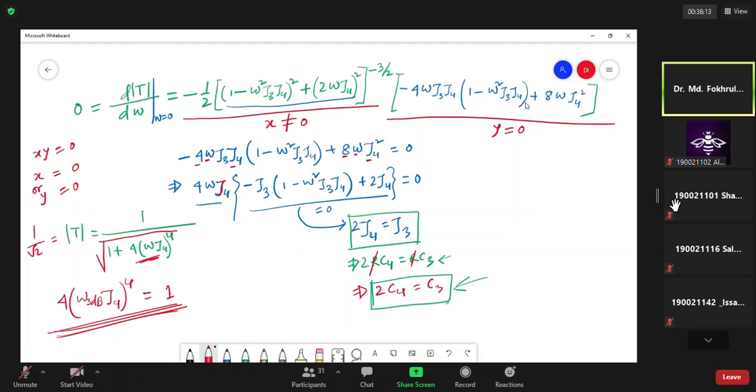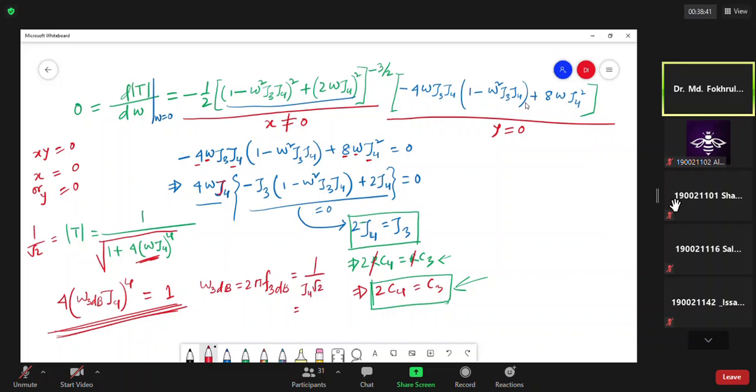So from here we can find out, if we write omega 3 dB is equal to twice pi f3 dB, and this is equal to 1 over tau 4 root 2.